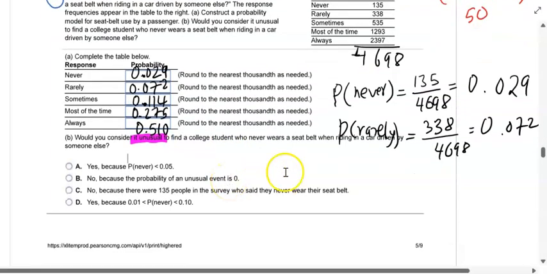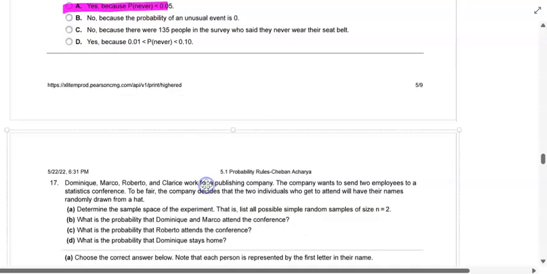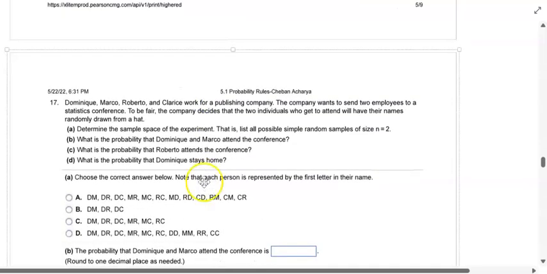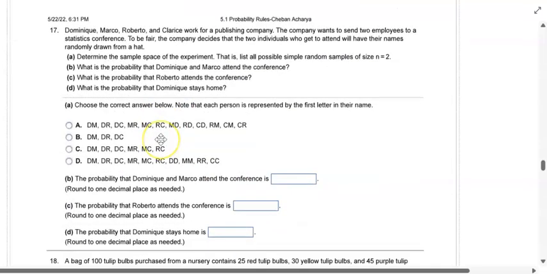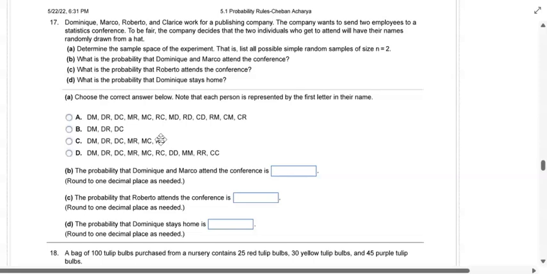For those who never wear a seat belt, the probability is 0.029. Is that unusual? The answer is yes, because the probability of never is less than 0.05. Number 17 is similar to the problem that we did before, therefore I will skip that.